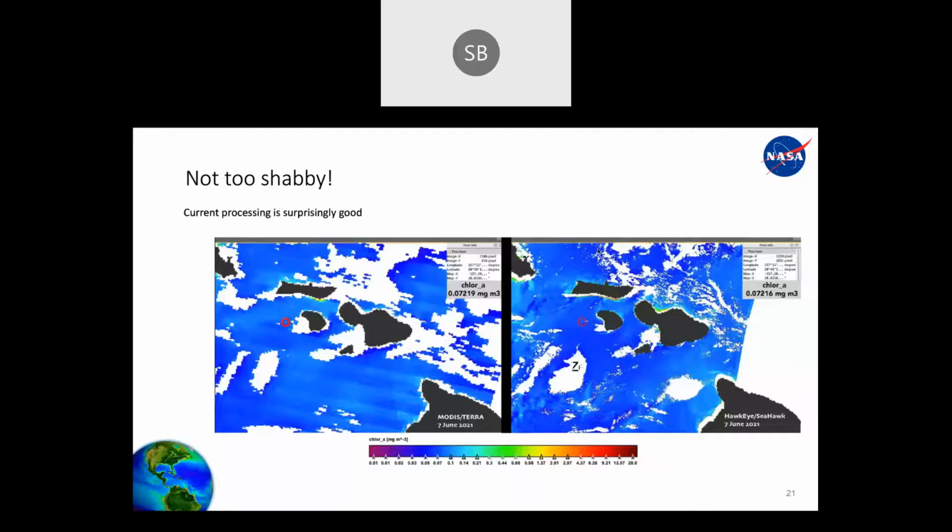The right-hand panel is the same scene imaged by SeaHawk on the same day. And as you can see, at the MOBY location, we nailed it. The SeaHawk platform, the HawkEye instrument, measured the same derived chlorophyll value as we were getting from the MODIS Terra instrument.